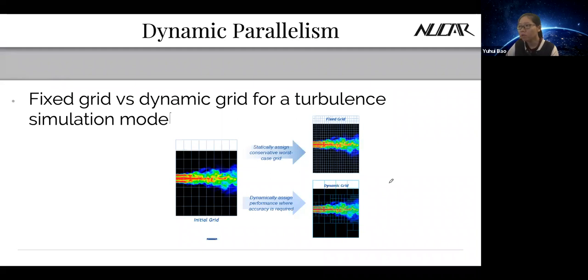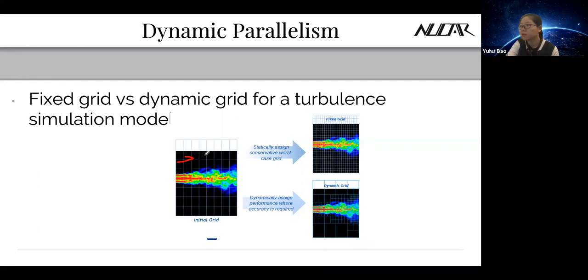But you can see a bunch of dark areas here that do not have particles. So it would make sense to have only a small set of threads calculating this area, which means a coarse grid.